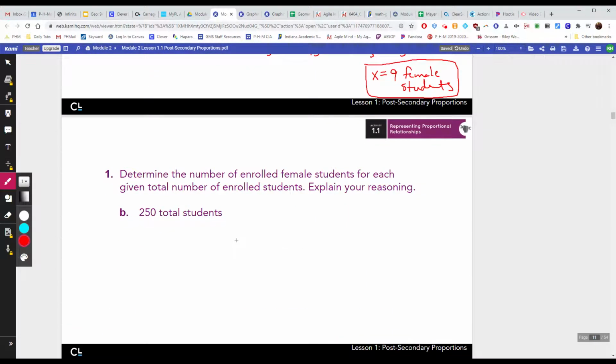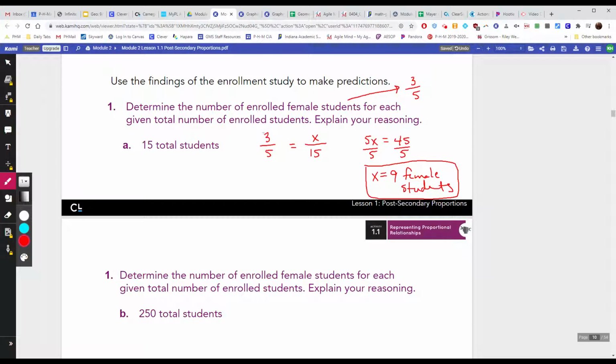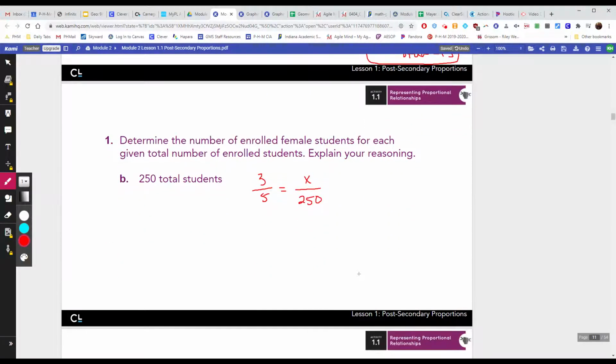Part B, 250 total students now. So our proportion is not going to change on this side because the 3 to 5, or the 3/5, is the number of female to the total number of students. That is going to equal, down here it's going to change to 250 now over some variable. So now when we go to solve this, we would do cross products again. 5 times x is 5x.